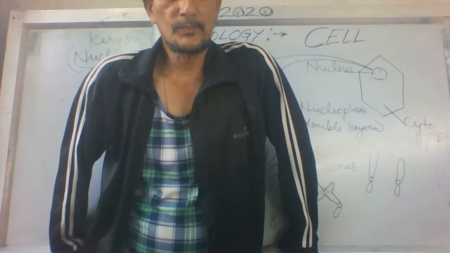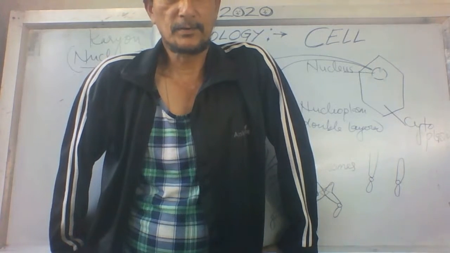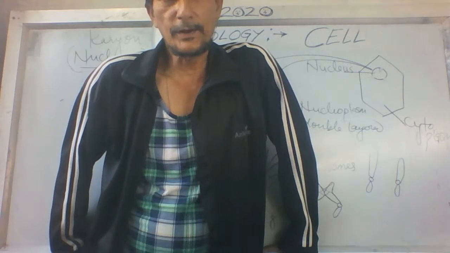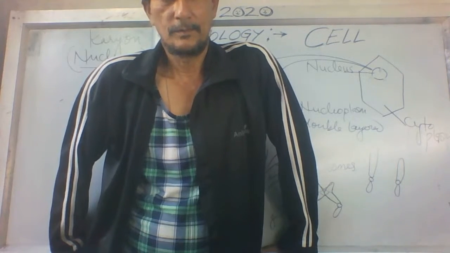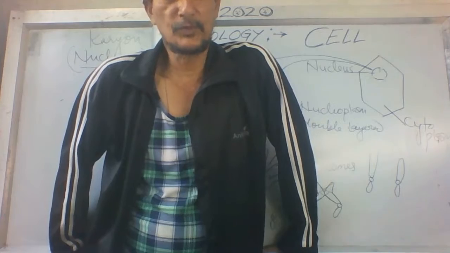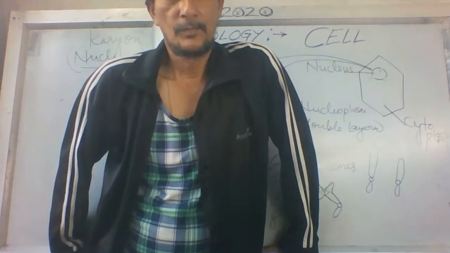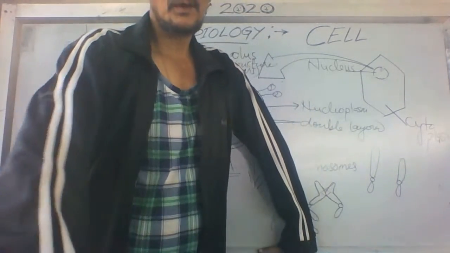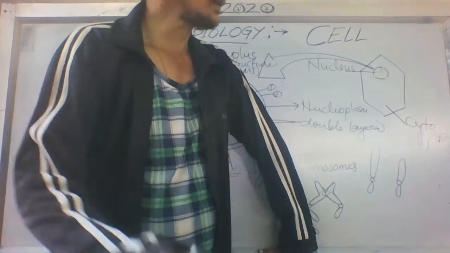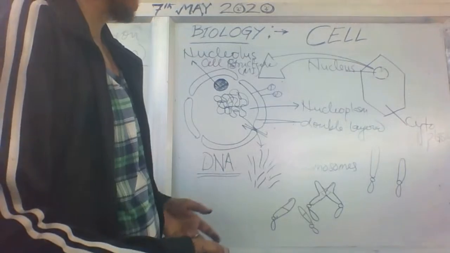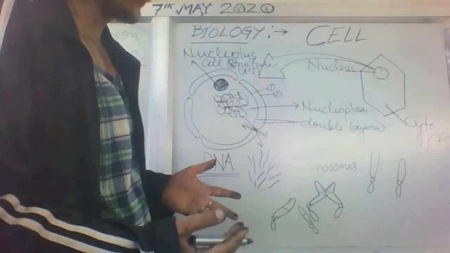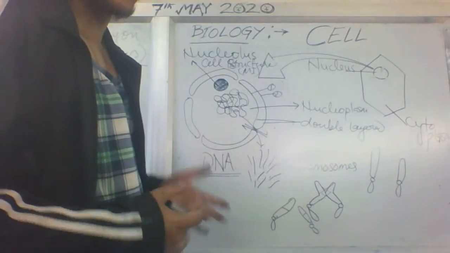And in some organisms, like bacteria, the nuclear region of the cell may be poorly defined due to the absence of the nuclear membrane. And it is not necessary, because bacteria is a very primitive type of cell. Primitive type of cell means prokaryotic type of cell. If it is a prokaryotic cell, then the nuclear membrane cannot exist there.